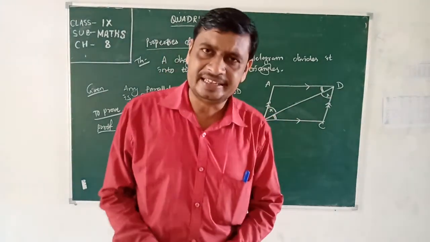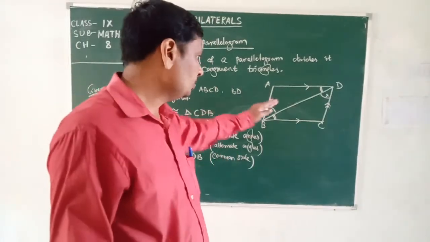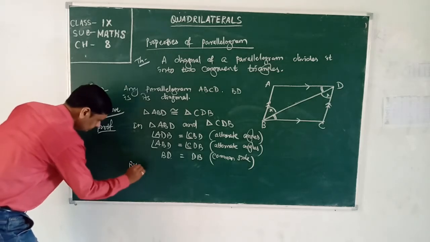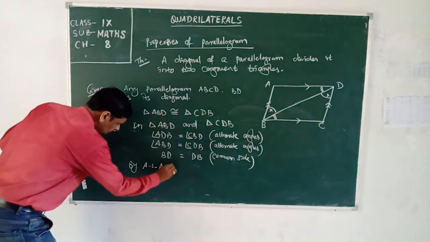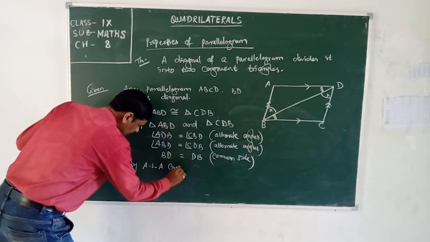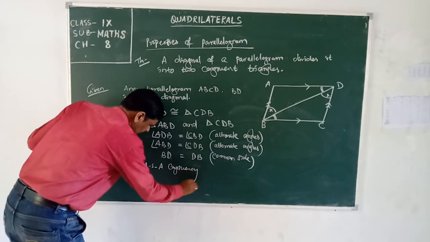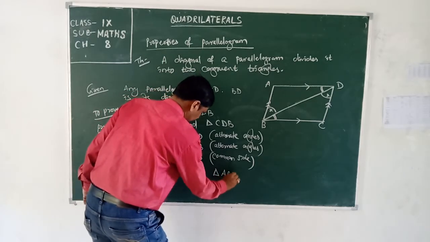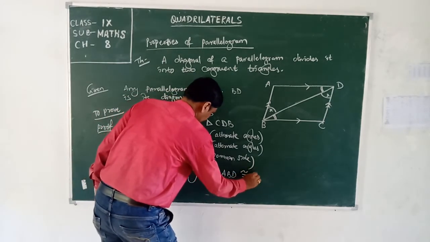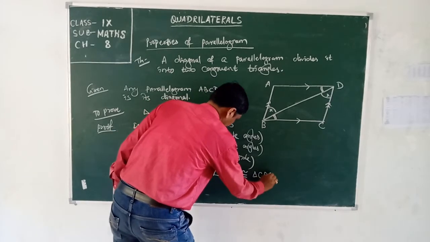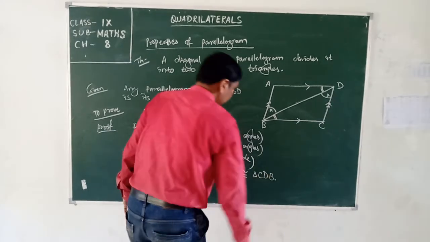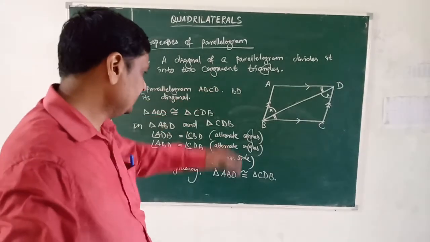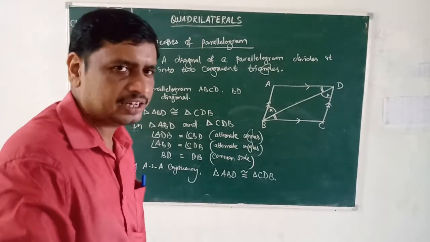By the ASA congruency rule, triangle ABD and triangle CDB are congruent.